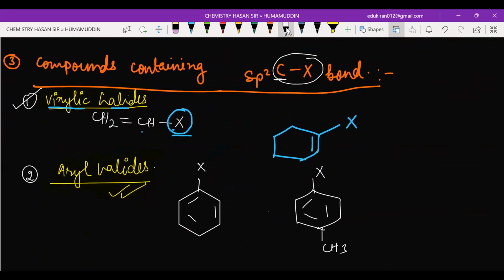If you make this chapter very strong, then more than 50% of reactions you will be able to understand easily from the next chapter. Are you getting my point? Yes, sir.